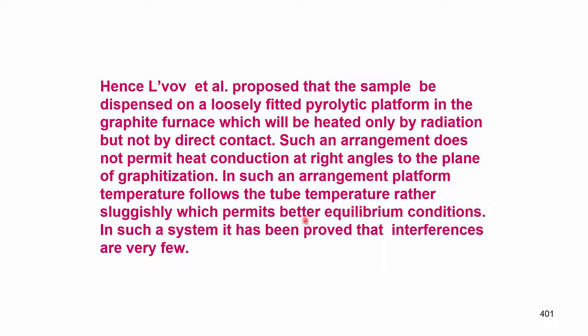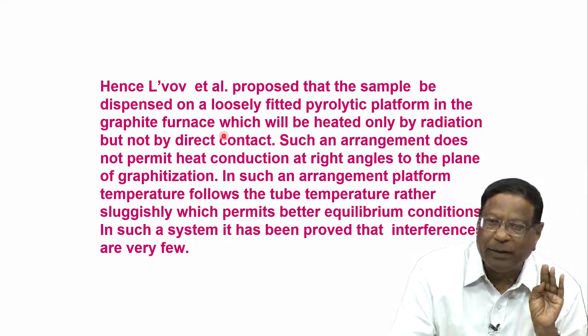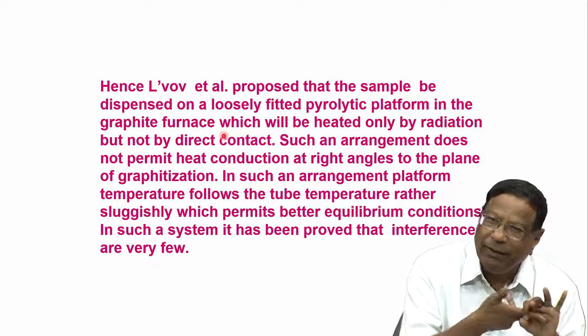So, L'vov proposed that the sample must be dispensed on a loosely fitted pyrolytic graphite platform. What he said is, do not take only the graphite tube which is pyrolytic, but make the platform pyrolytic also. The platform is a small 3 by 5 mm graphite plate inserted into the tube.